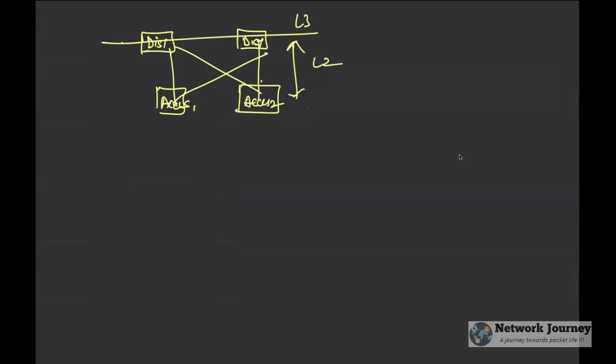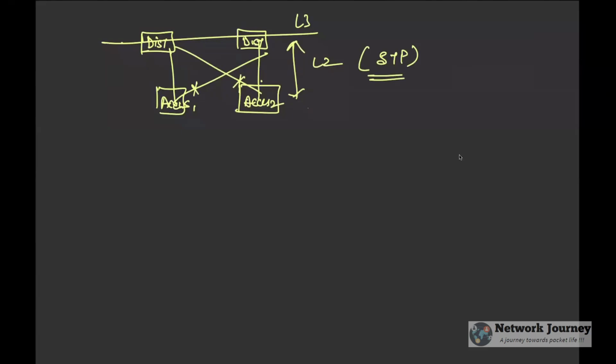So what is going to happen here is some of the links are going to be blocked, right? Because of your STP, which is spanning tree. So let's assume this link is blocked, or this link is also blocked.